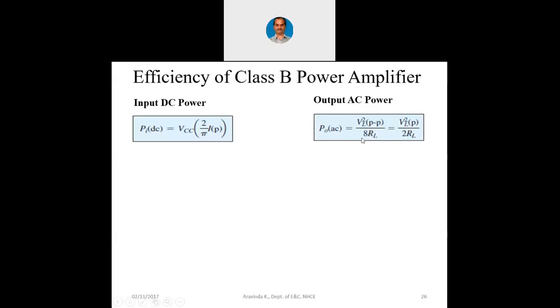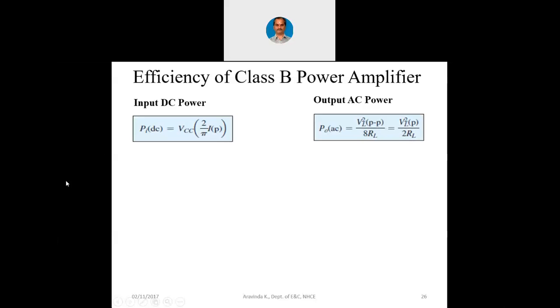But at the output, always the load will be connected to the amplifier. Power will be shared by both of these switches per cycle. So the output AC power's calculation is this way: VL squared of peak divided by 2RL. It can be VL squared peak to peak by 8RL or VL squared peak by 2RL. That root 2 gets squared and we have this 2RL.